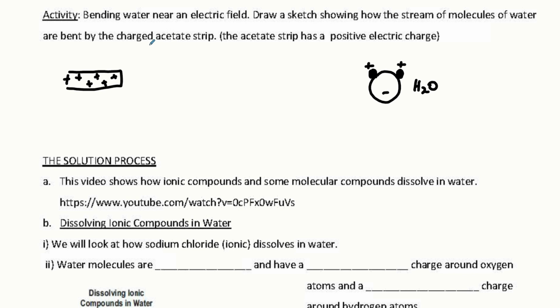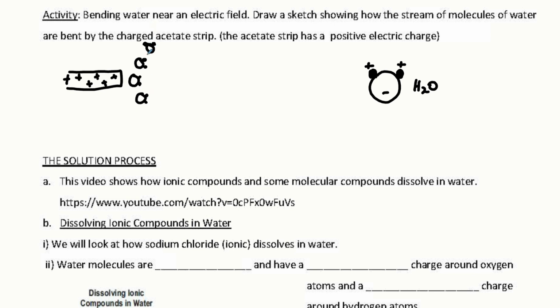So what you'll see is when the water first, if I draw my water molecules, they could be in any orientation at first, but when they get near the strip, the negative end will be attracted and the positive end will repel. And you'll end up seeing the water bend.